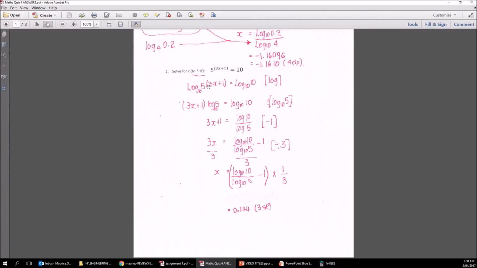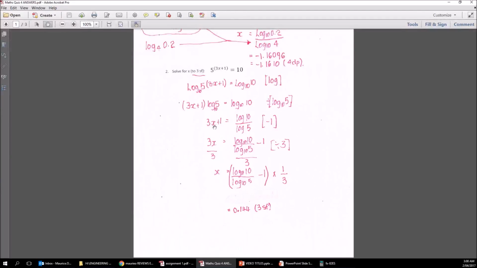And you'll see obviously that dividing through by that, you are going to get here log to the base 10 of 5 there, that's going to give you 3x plus 1, and you're going to get log to the base 10 of 10 divided by log to the base 10 of 5.